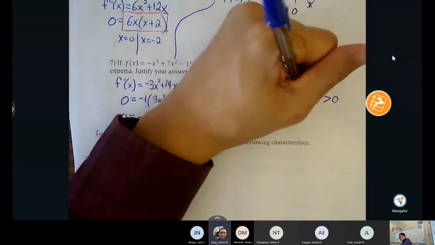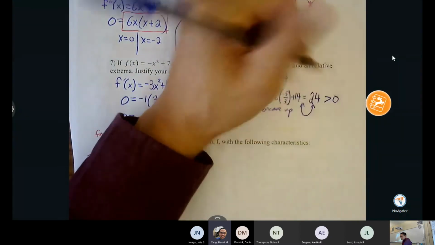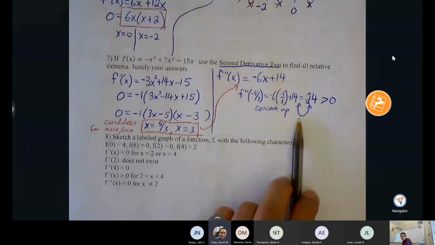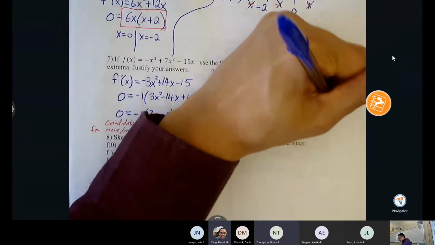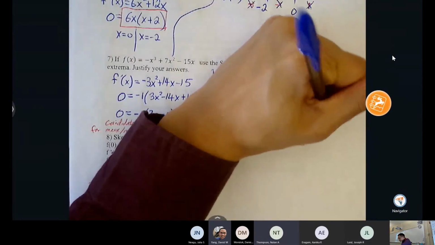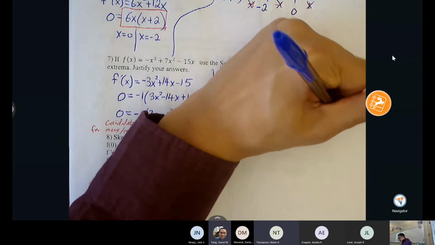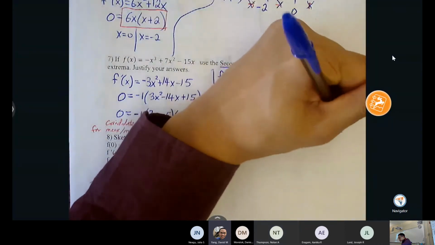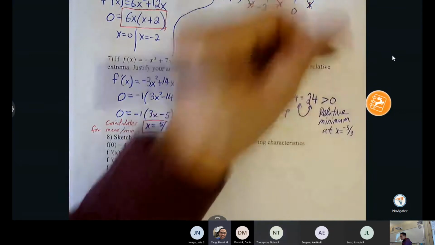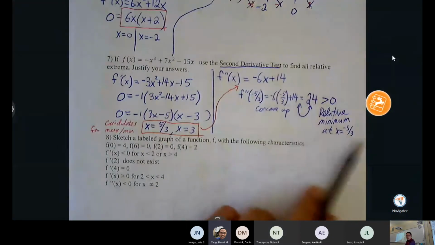So it helps if we draw a picture of it, right? If we're dealing with a concave up graph, then this must be a relative what? Min. Min, yeah. All right, don't involve the 24 as your ordered pair.